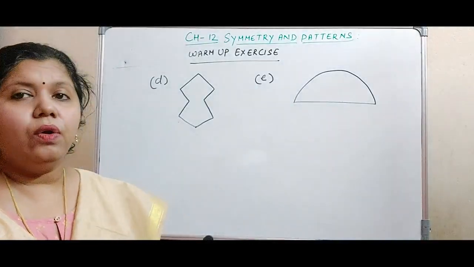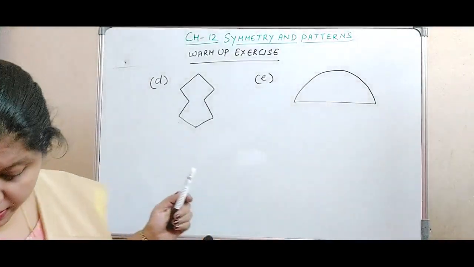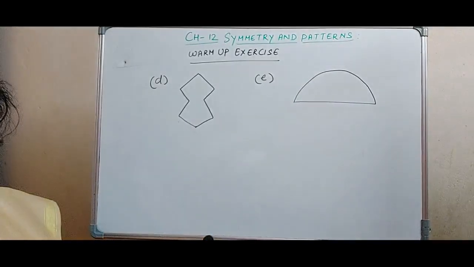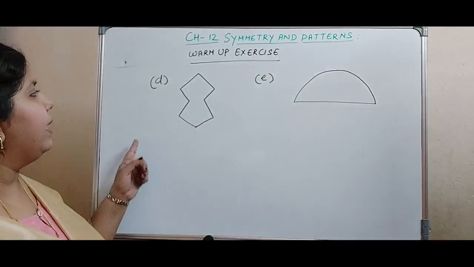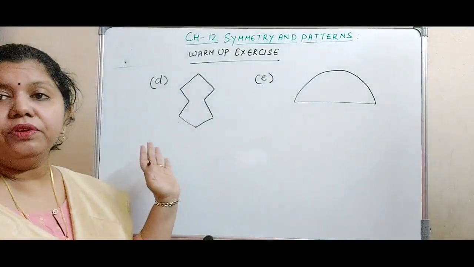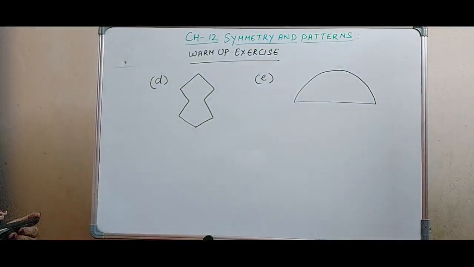Now I am doing here bit D and E. Just look at this diagram carefully. Bit D is telling you to check whether this figure has any line of symmetry. If so, then you have to draw it. What are the possible lines of symmetry in this figure?